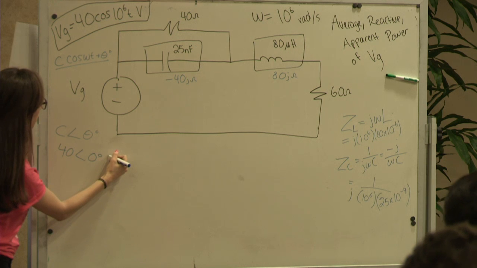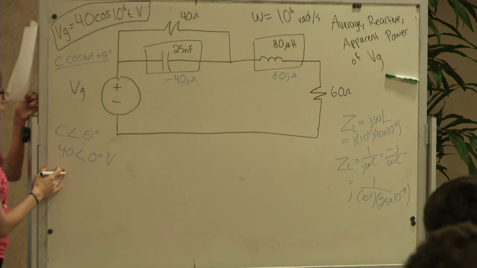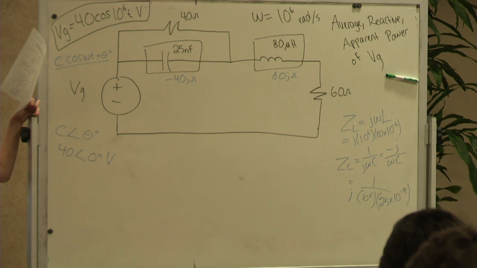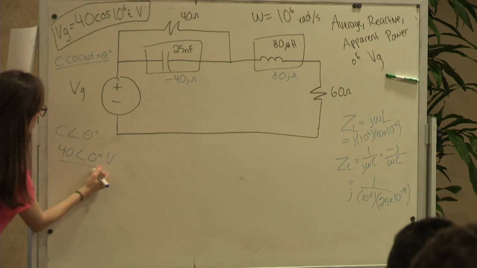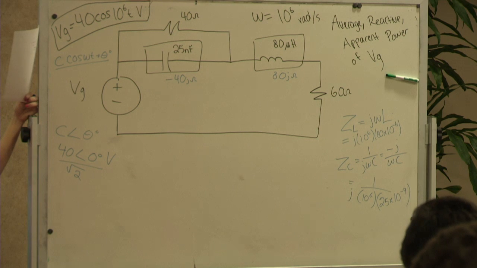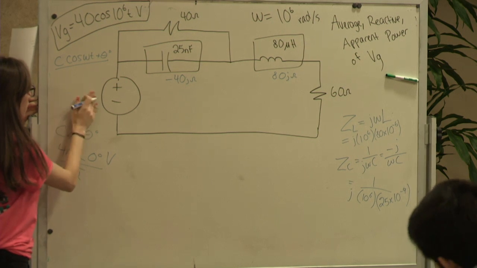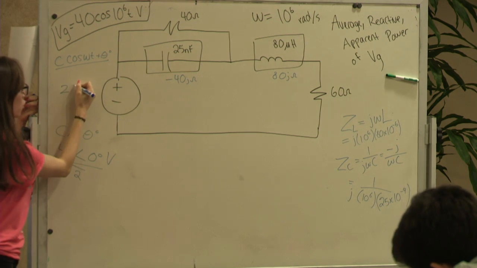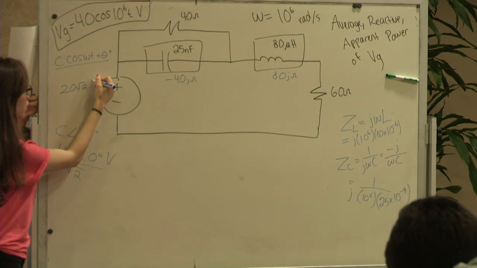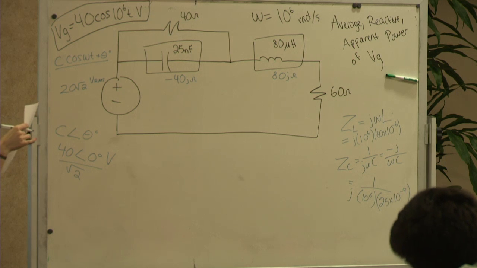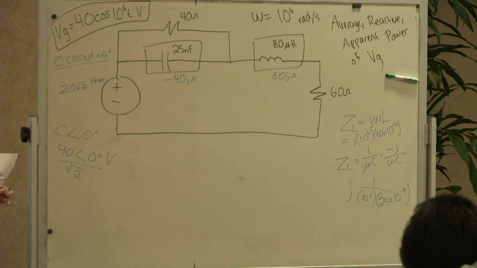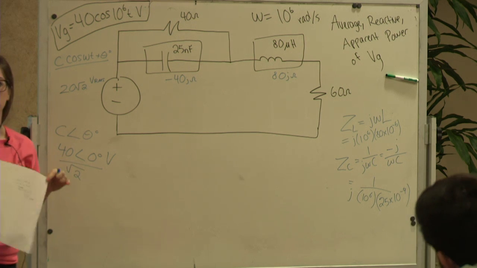So this is going to be in terms of V. And now this one's not converted to us in VRMS. And because we're interested in power, we're just going to go ahead and divide that by root 2. So now we'll get 20 root 2 VRMS. Any questions on that?